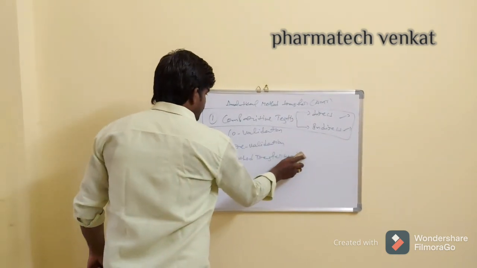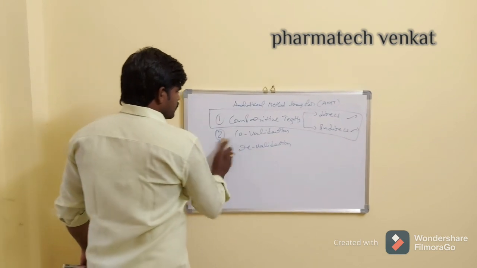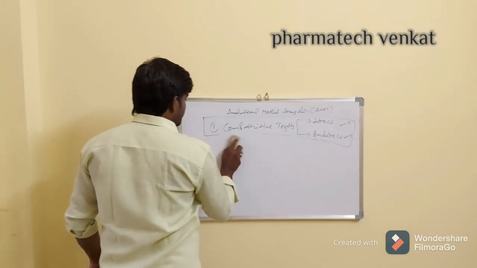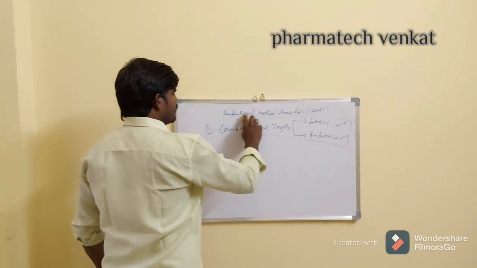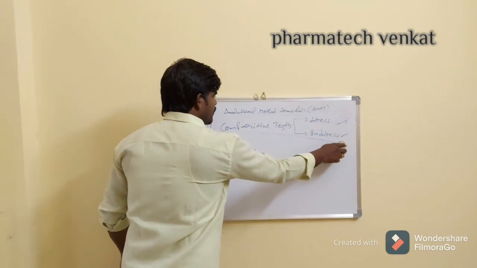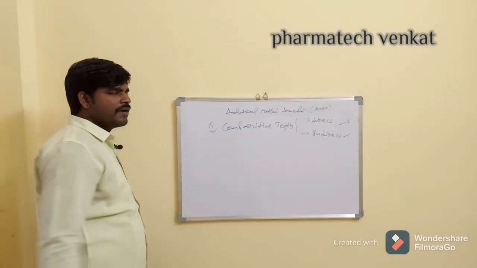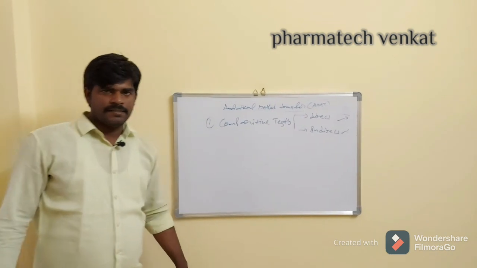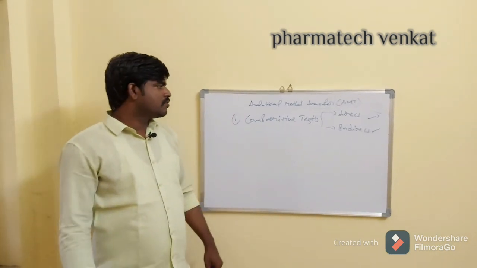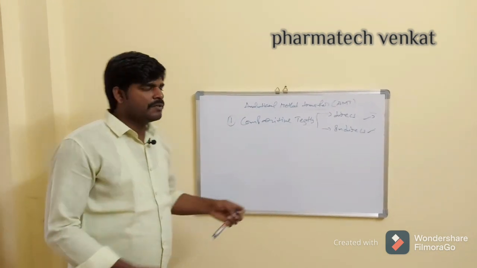So coming to the analytical method transfer activities, what kind of tests do we need to perform in the AMT? Those methods that qualitatively or quantitatively impact the results of the particular product, for those methods we need to perform the AMT.